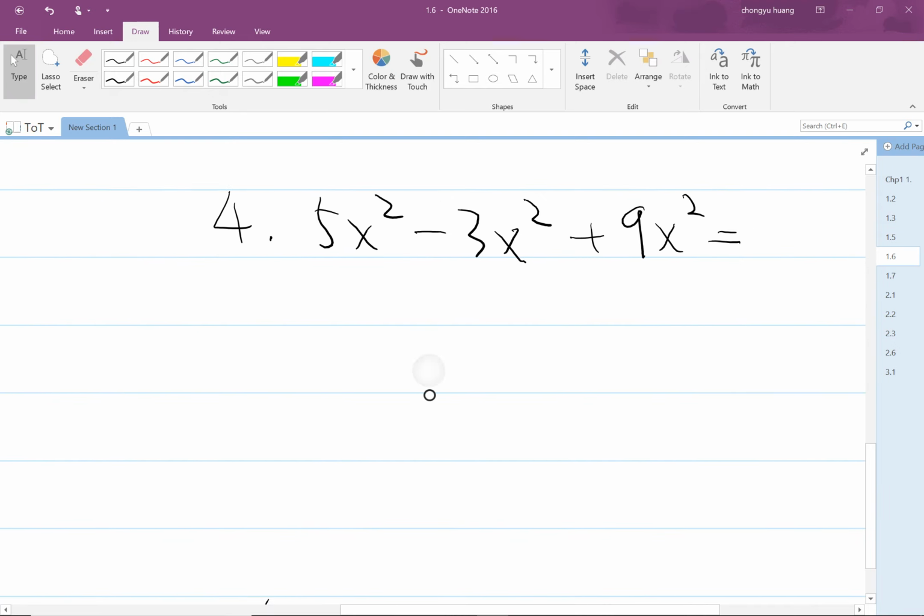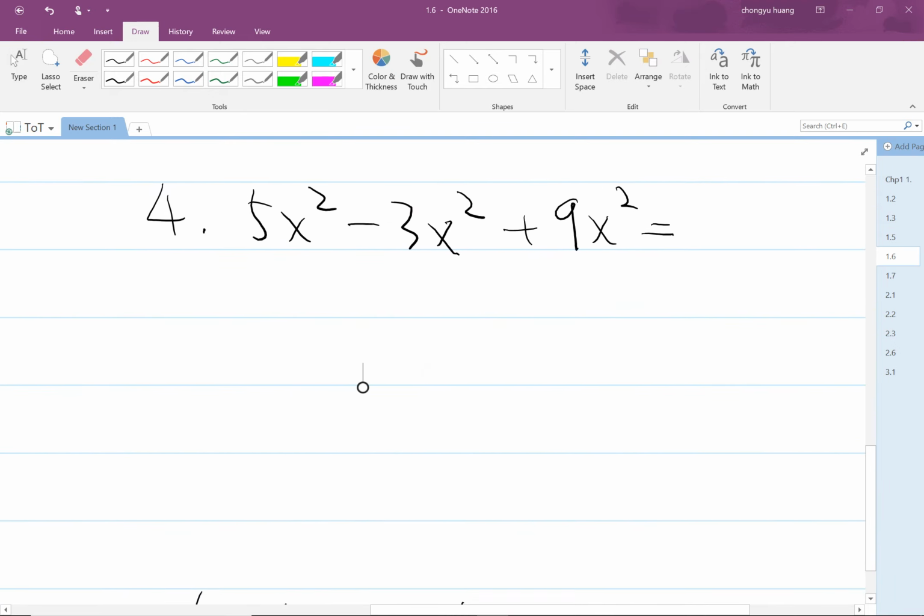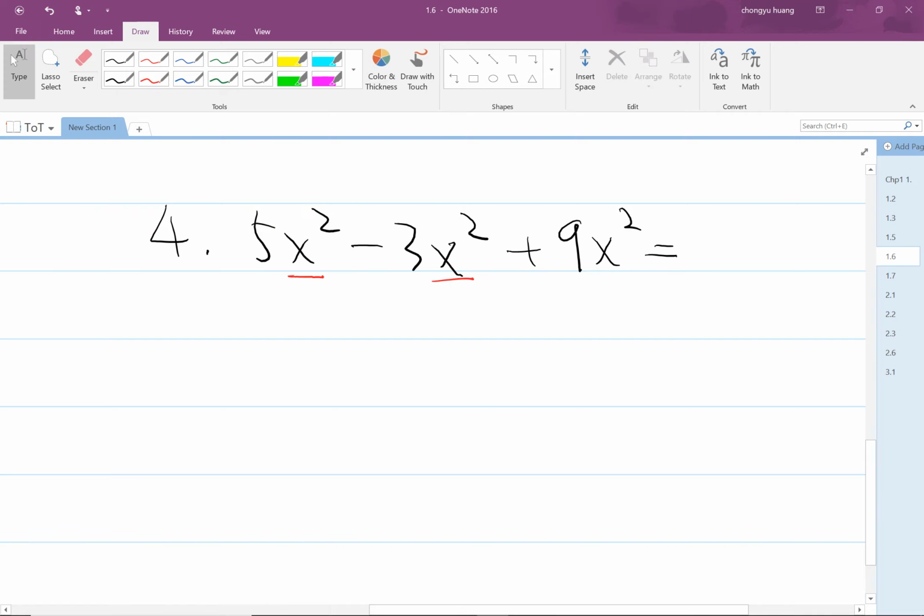For question 4, the first thing is you have to check the terms. You want to make sure they have the same term in order to do any subtraction, multiplication, addition, and division. You can see over here they have x squared as the term, and then x squared, and x squared, so you are able to do subtraction and addition.